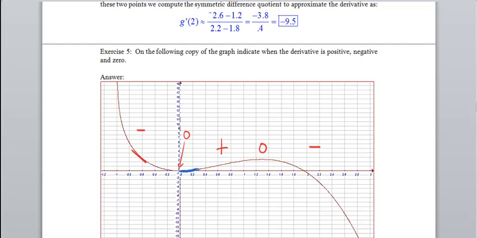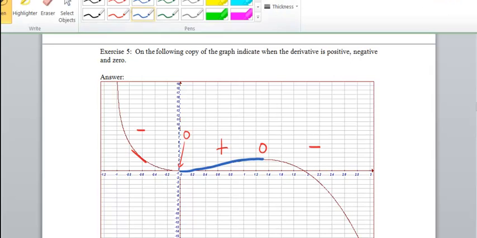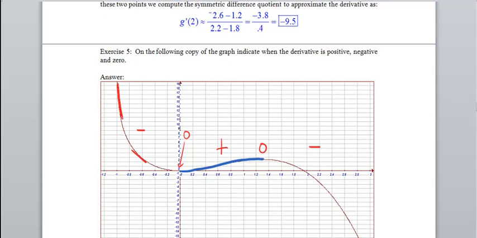So from here up to here, we have positive slopes. And I'll trace over in red the other part. This part of the graph here and this part right here has negative slopes.